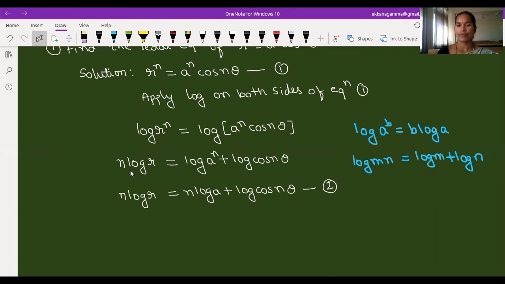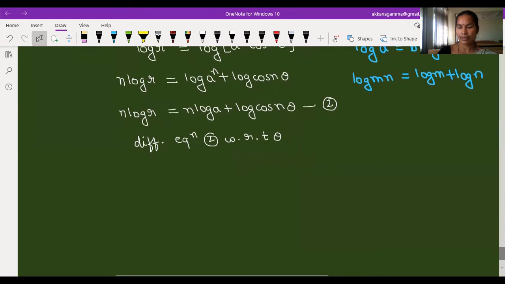Now we have to differentiate the given equation with respect to theta. Differentiating equation 2 with respect to theta, we get n by r into dr by d theta on the LHS, because the derivative of log r is 1 by r.